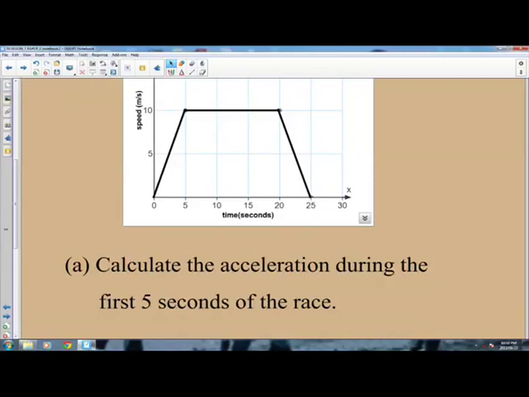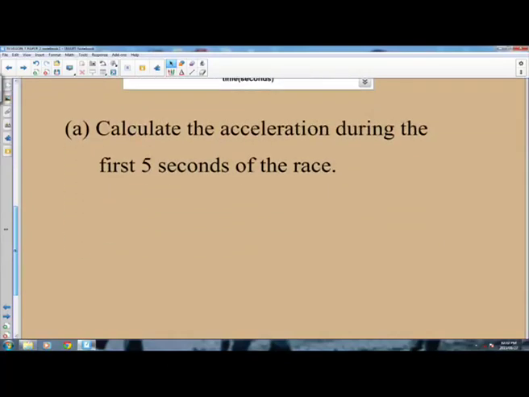How do you find the slope of the line? The slope of the line is given as y1 minus y2 divided by x1 minus x2.